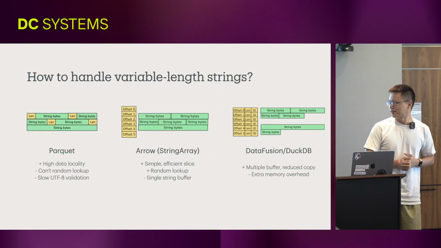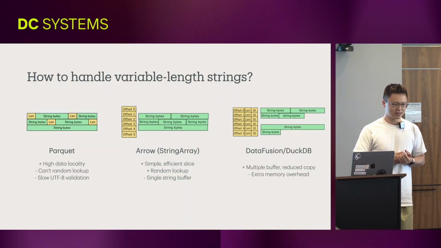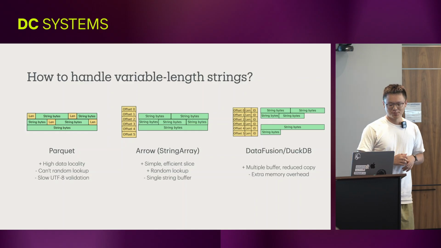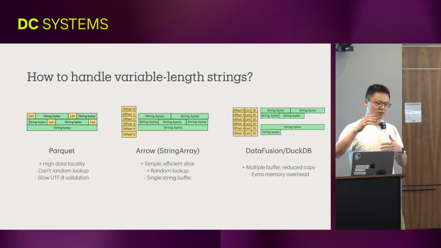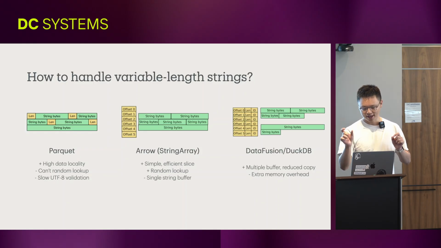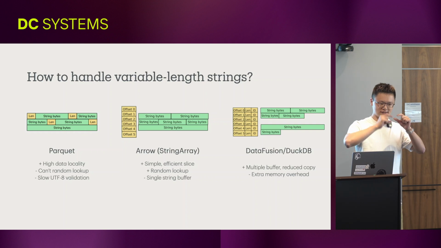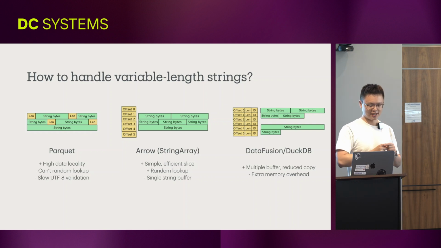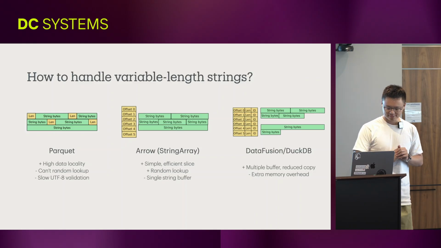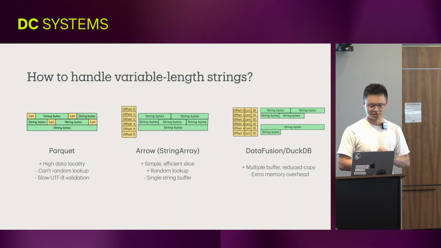The third approach is the one in DataFusion and DuckDB. We sometimes call it German strings. Basically, German strings allow you to have multiple string buffers, and they store an offset plus a length, so that it doesn't rely on the next offset to determine the string length. So it can point to any location in the string buffer.